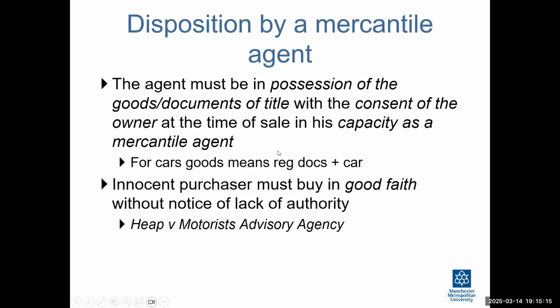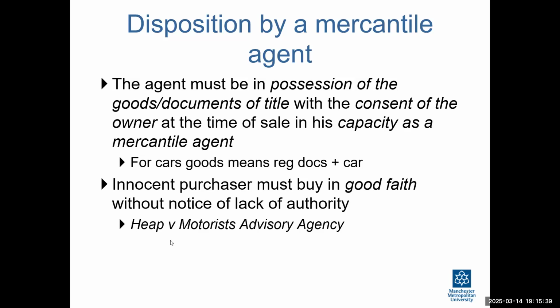So the agent must be in possession of the goods or the document with the consent of the owner. What this means for cars is it has to be the registration documents, the car itself, and the keys. All of those must be in the possession of the mercantile agent, and only then will he be able to sell it.